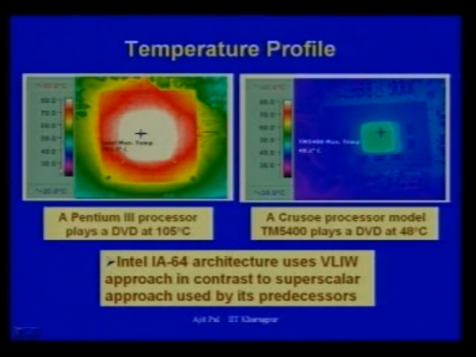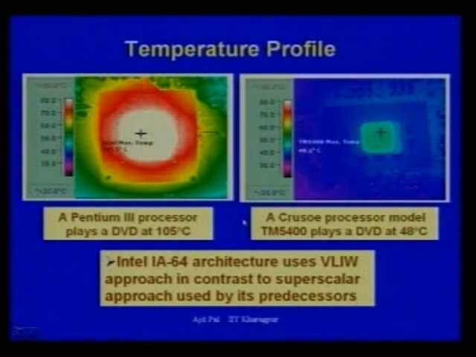Here a Pentium 3 processor is playing a DVD, and as you can see, this is the temperature profile. The temperature is rising to 105.5 degrees centigrade. On the other hand, the same program is being executed in the Crusoe processor, which is implemented based on the VLIW technique. The temperature rises to only 48.2 degrees centigrade.